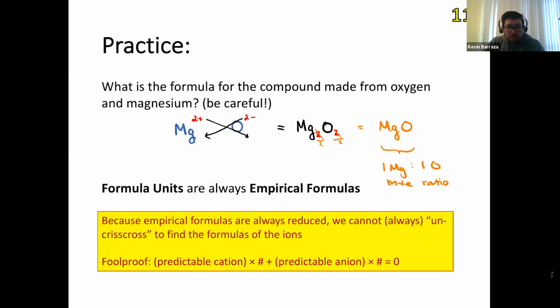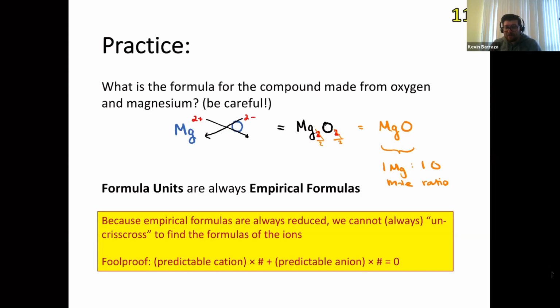Unless we already knew the answer because we know the periodic table, which is something we should do. Because it might suggest to us that magnesium and oxygen both have 1 charge, +1, -1. So for this reason, we cannot safely do what I call the uncrisscross every single time.